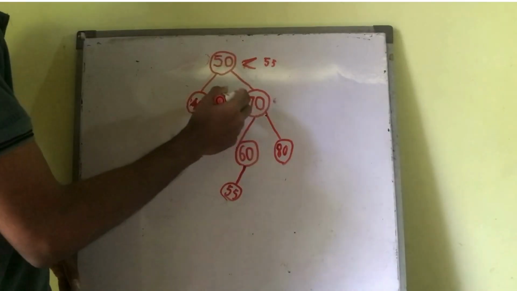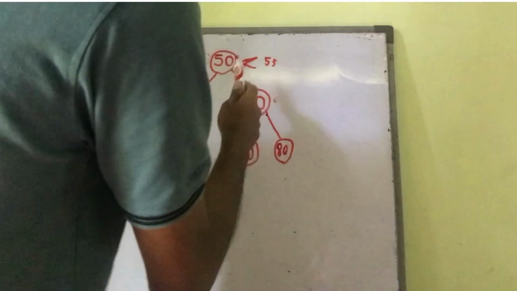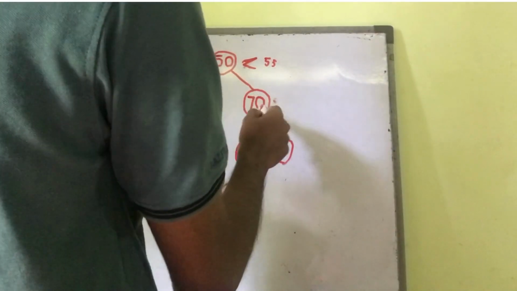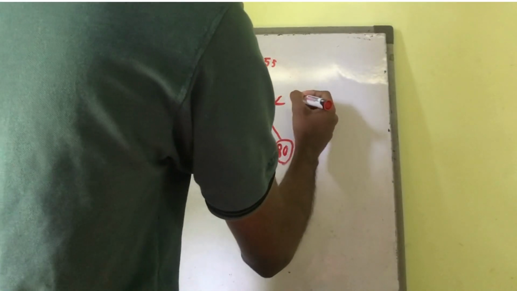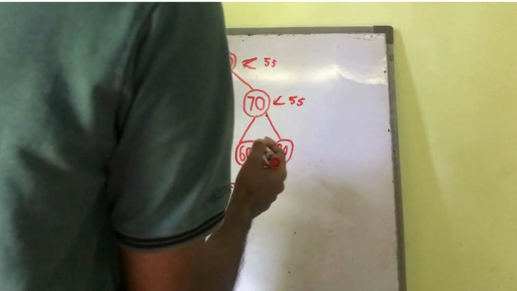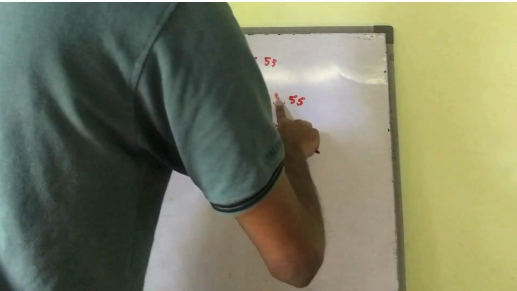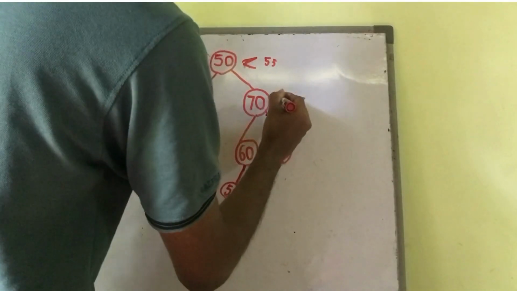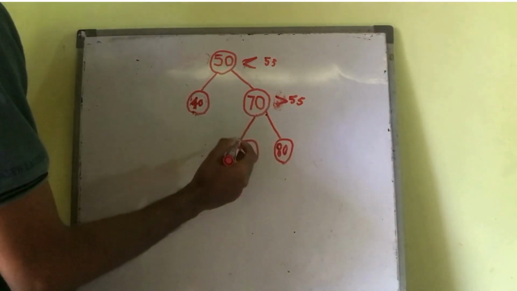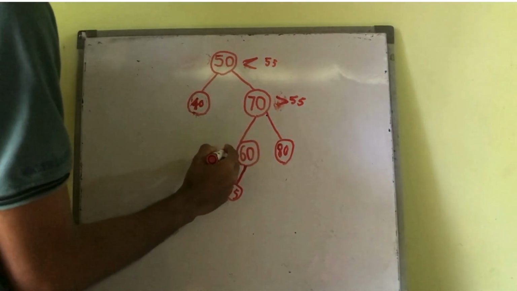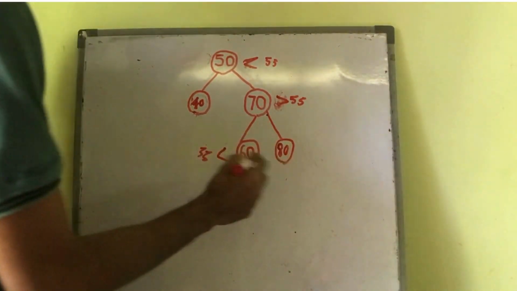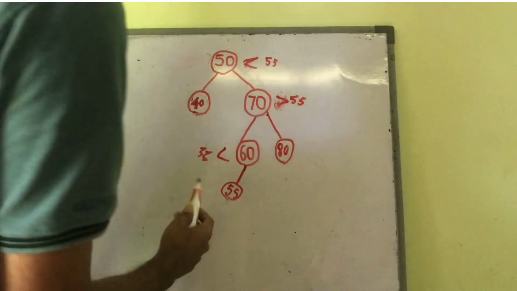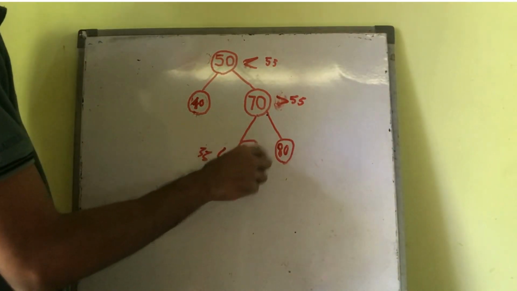55 is less than 59, so we travel the right side of the structure to 70. 55 is less than 70, so we need to travel the left side. After that, 55 is less than 60, so it is the left side. So we need to remove this element.